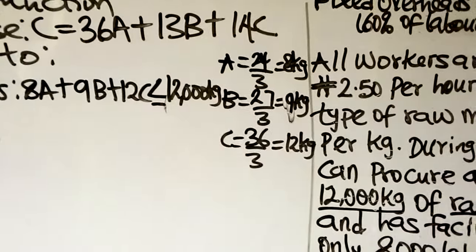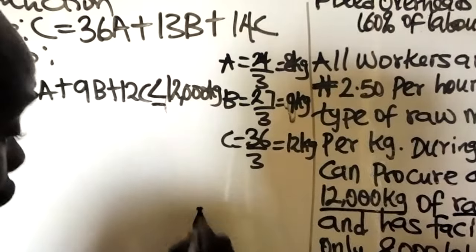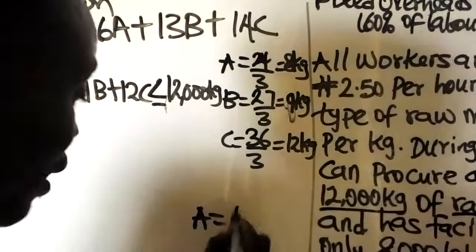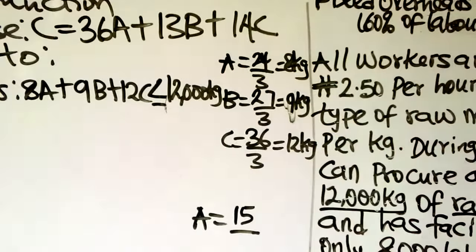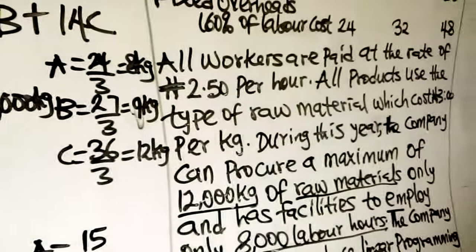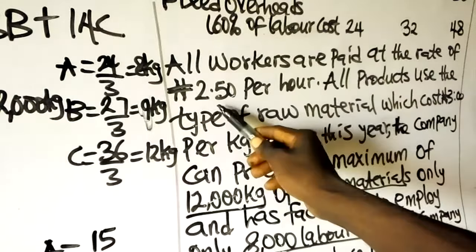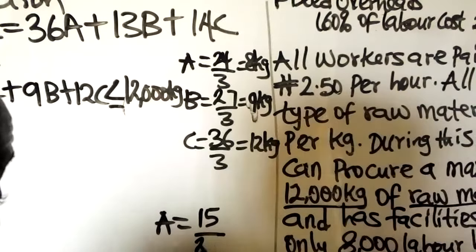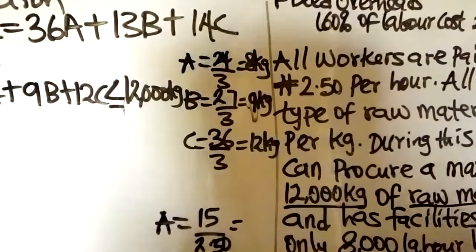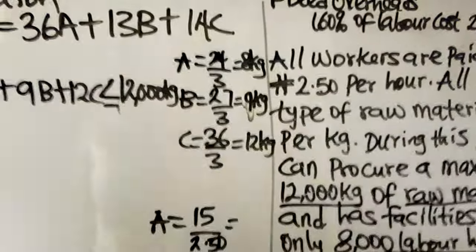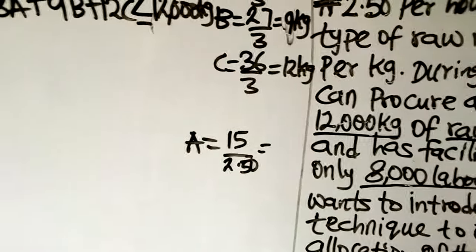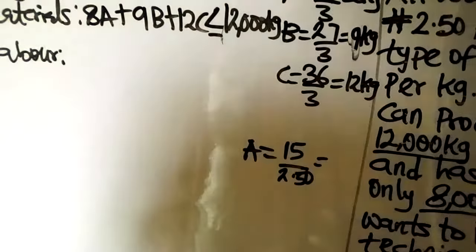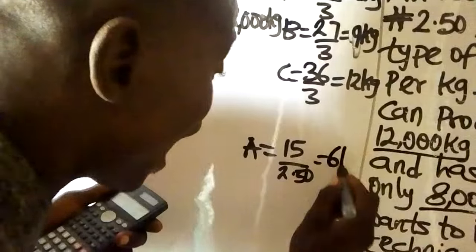For A, you are given 15 naira for direct labor, and the company pays 2 naira 50 kobo per direct labor hour. So you have 15 divided by 2.5. That will give us the number of direct labor hours required. So we have 15 divided by 2.5, which is 6 hours.